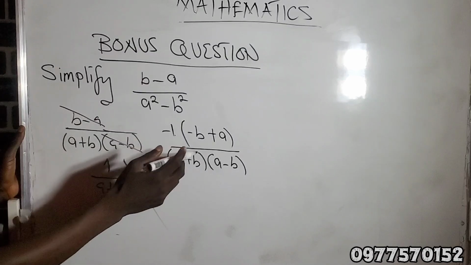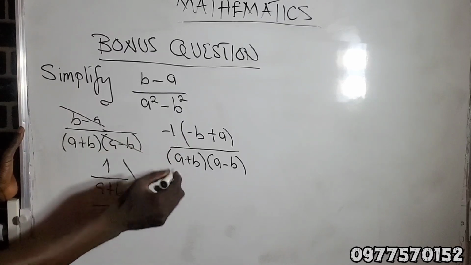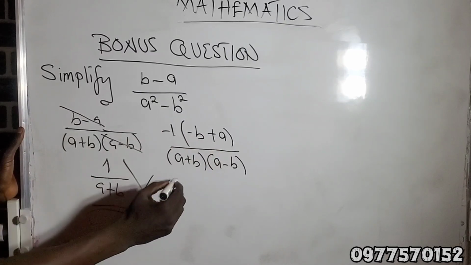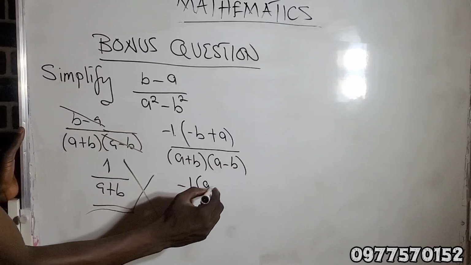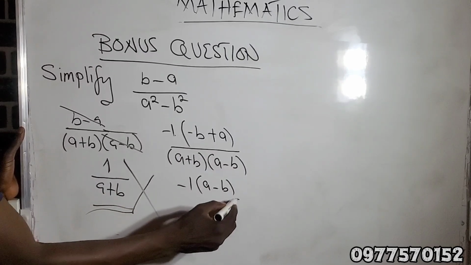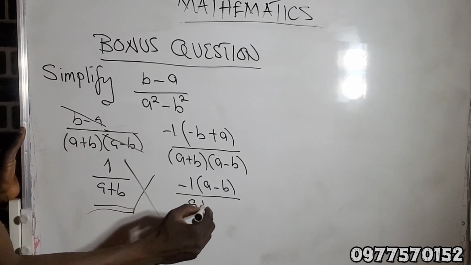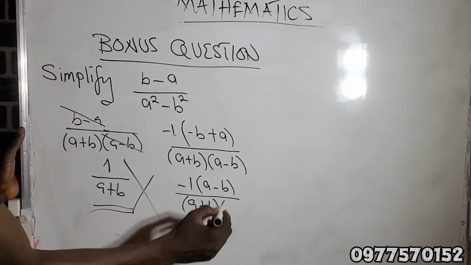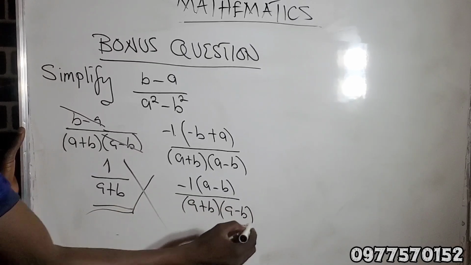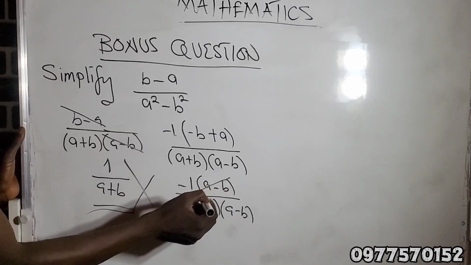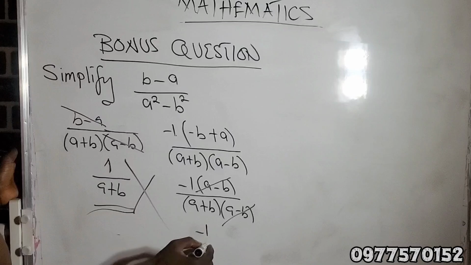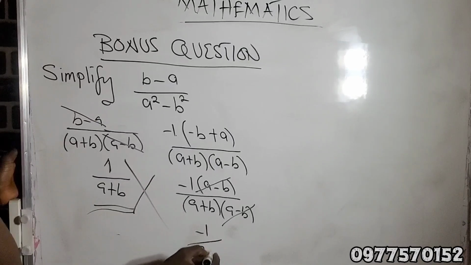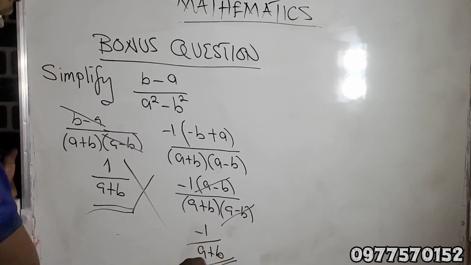Now, just to arrange nicely, this inside here is the same as, let's start with a, a minus b all together. Then here is a plus b, a minus b. So we have what is common, right? A minus b cancel.